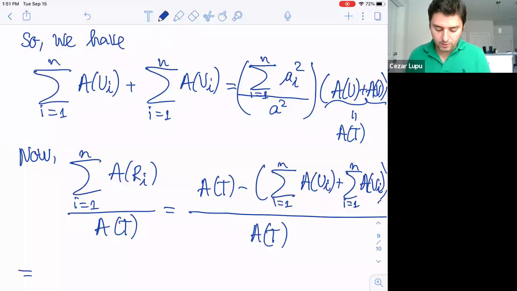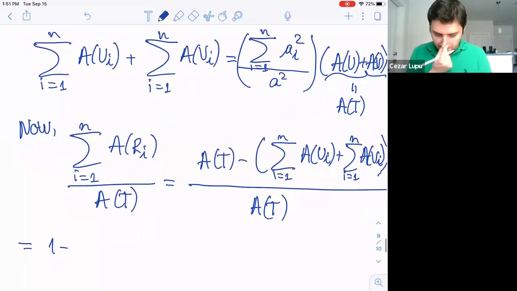And now this is nothing else than just 1 minus the sum of, okay, so it's A of T minus the sum of these two.